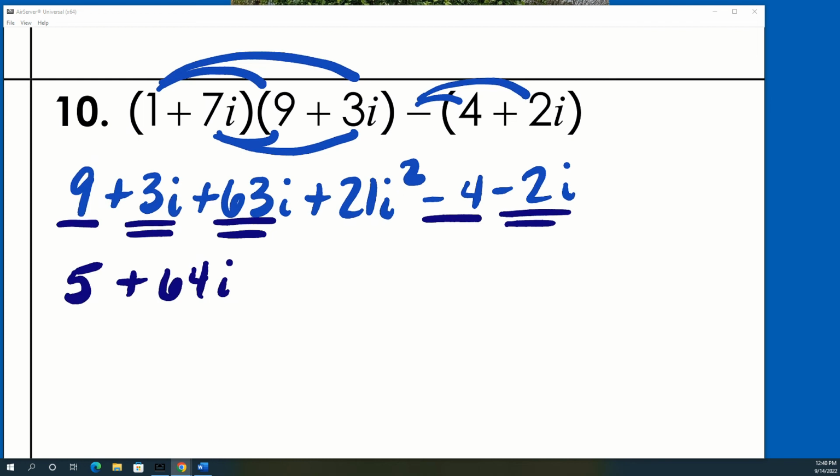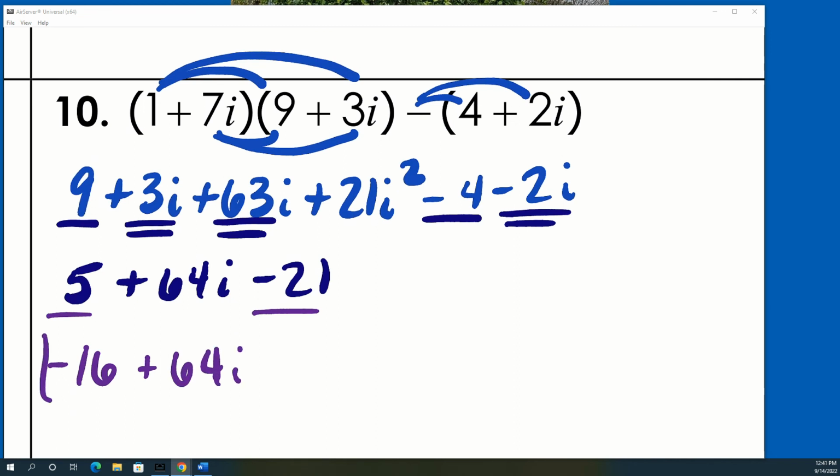And then what should 21i squared be? Good. All right. And then the last step is just do 5 minus 21, which is negative 16. All right.